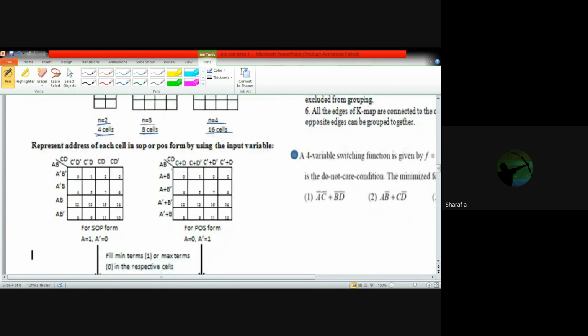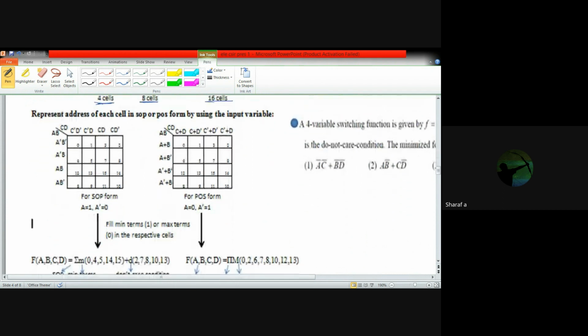And then we are going to the representation of address in the K-map for each cell. As we discussed, we have 2 different ways of expressing a Boolean expression. One is sum of product form, the other one is product of sum.